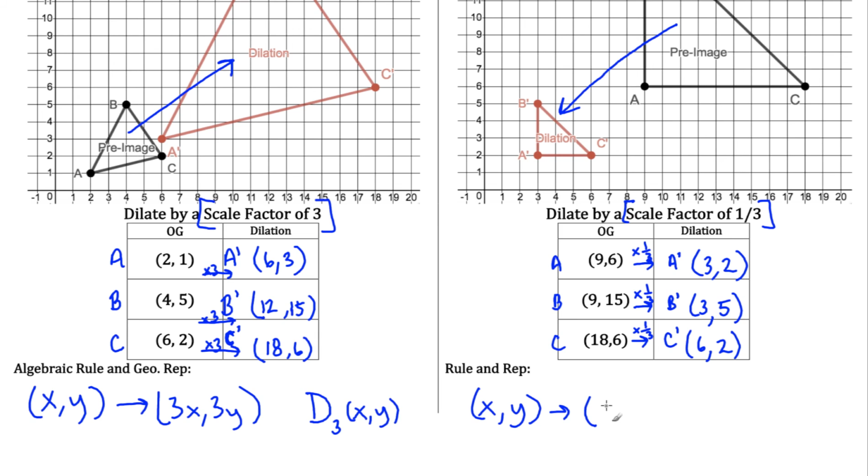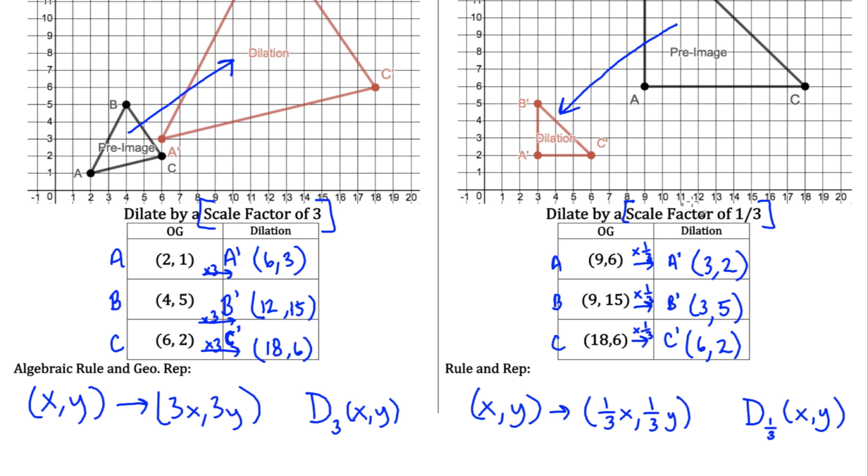You could just use this one right here. I'm just showing you what happens to x and y. So 1/3 x and 1/3 y. And for the geometric representation, you just put dilated by a scale factor of 1/3. You do that to the x's and the y's.